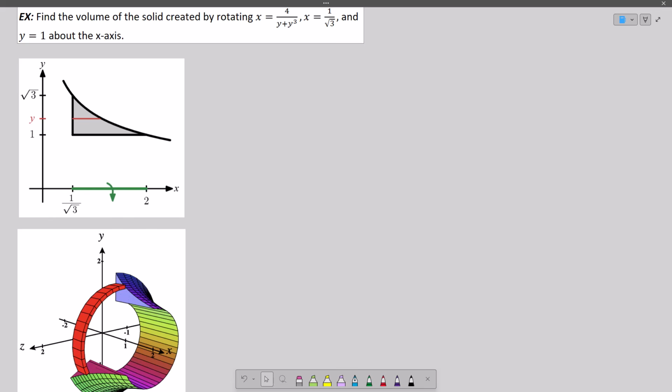Should it be a dy or a dx? Is it clear to everyone what it should be? Dy or dx? Dy. It's always a dy. So it's a horizontal, so the thickness of that rectangle is a dy. Which tells you each piece of your cylinder formula needs to turn into y's.